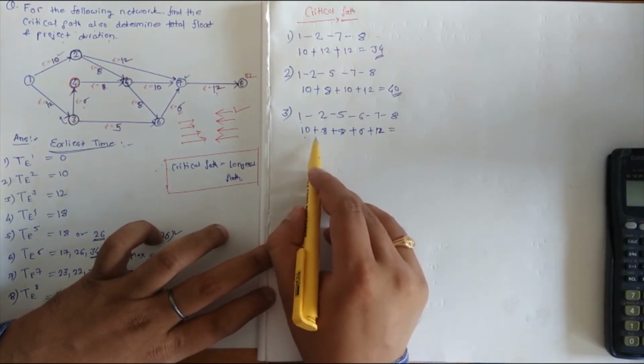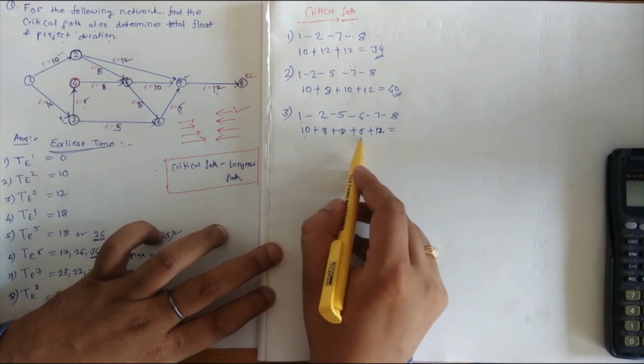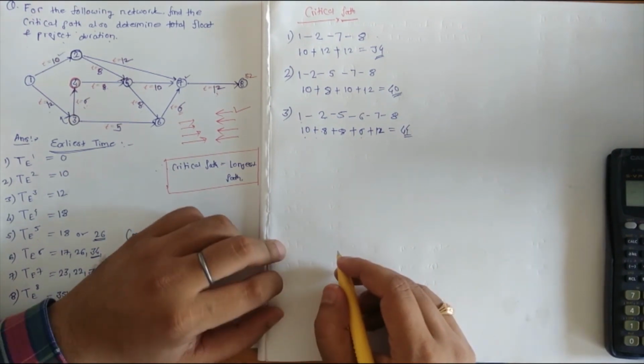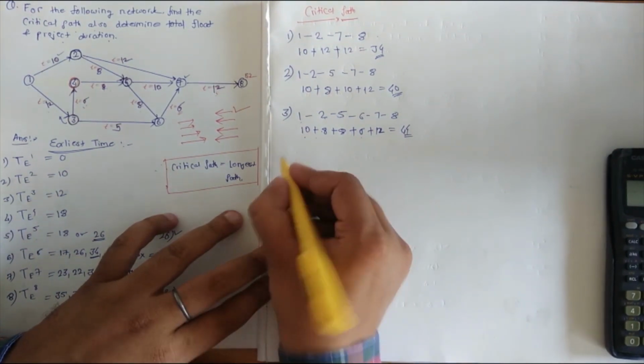So 10 plus 8 plus 8 plus 6 plus 12 is coming out to be 44. So again now fourth.